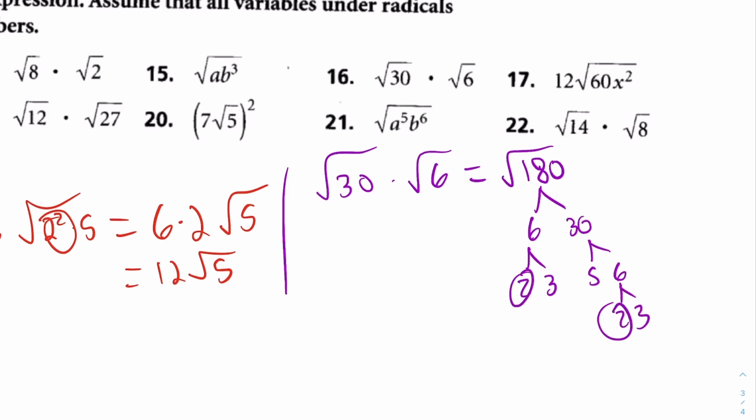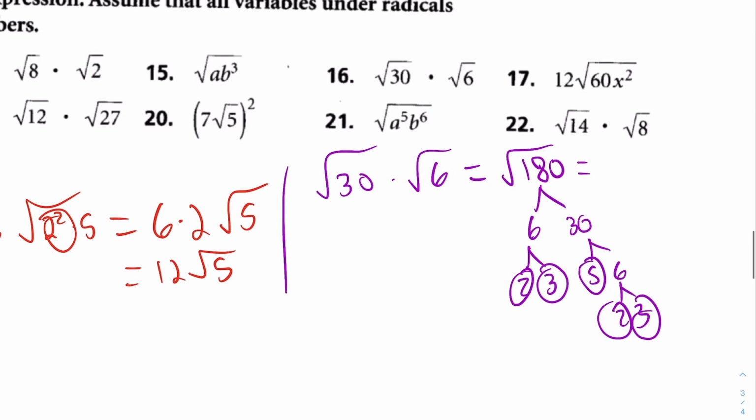We have a pair of 2's, a pair of 3's, and a single 5. So I have square root of 2 squared times 3 squared times 5. We have a pair and a pair. So that will simplify to make 2 times 3 outside times square root of 5 inside.